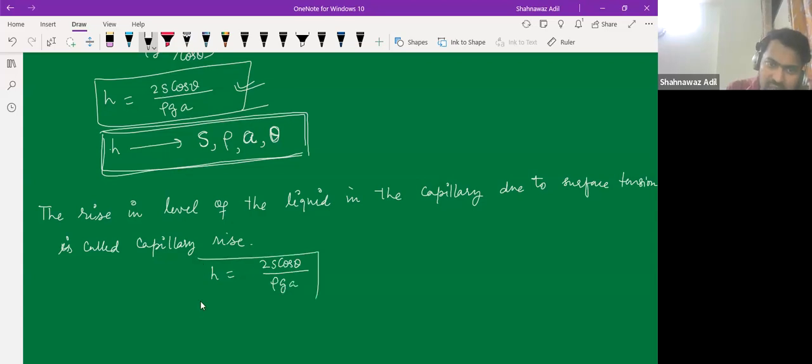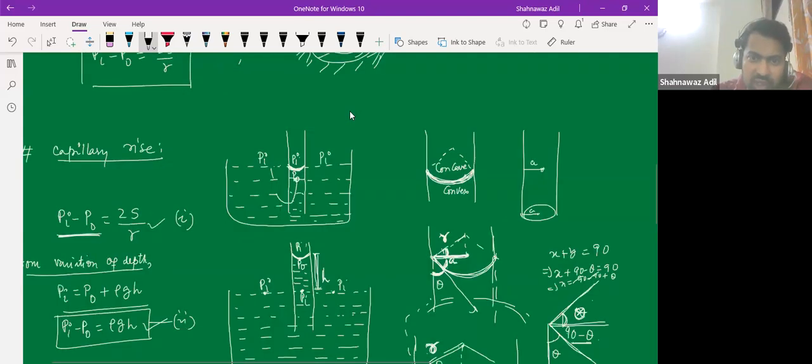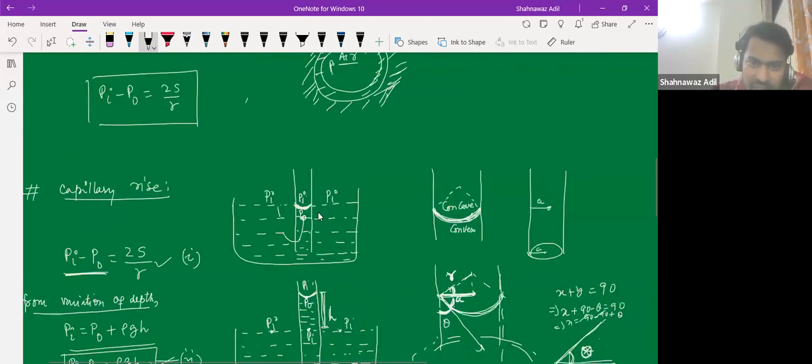And what are the things that we used? First we used that for a concave part, the pressure in the concave region would be larger, the pressure in the convex region would be smaller. So this pressure is low, so outside pressure will apply and try to balance the pressure, so it will increase this level.